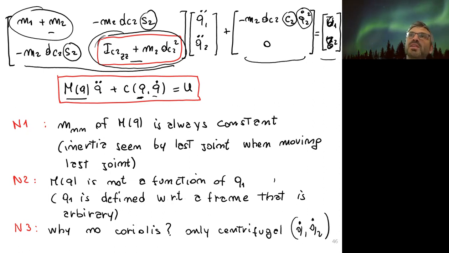Because we have a prismatic joint at the beginning, there is no rotation. For the second joint to have Coriolis forces, it should be moving linearly while rotating. Since the first joint is just prismatic and is not performing any rotation, there is no Coriolis force.